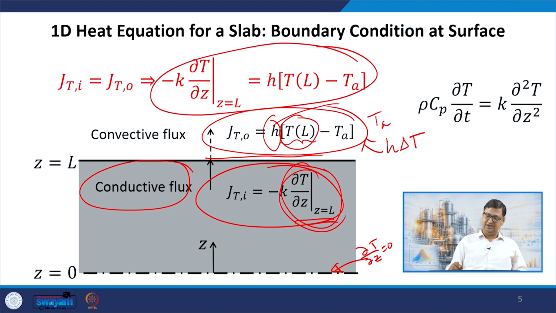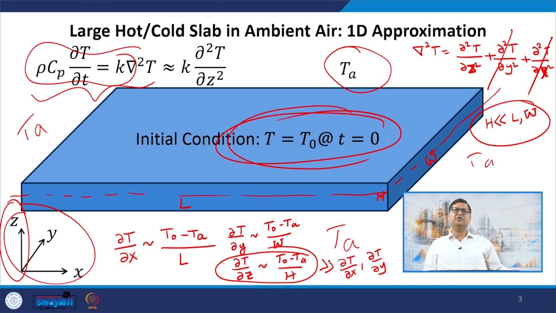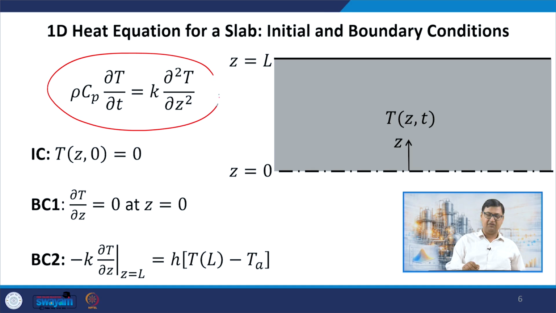At Z equal to L, we have this. At Z equal to 0, we have this. An initial condition we already know that T is equal to T naught everywhere inside the slab. In the beginning, we assume that it is uniformly heated. So now we have the set of equations. This is my governing equation which I have to solve, and this requires three conditions.